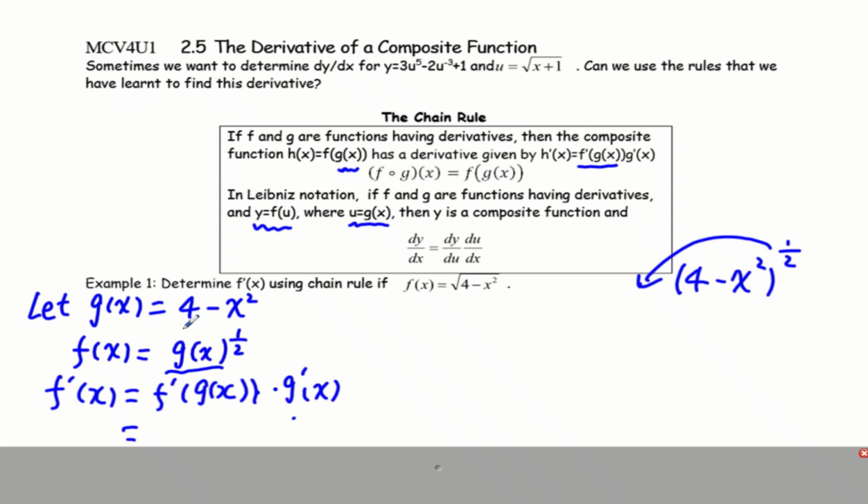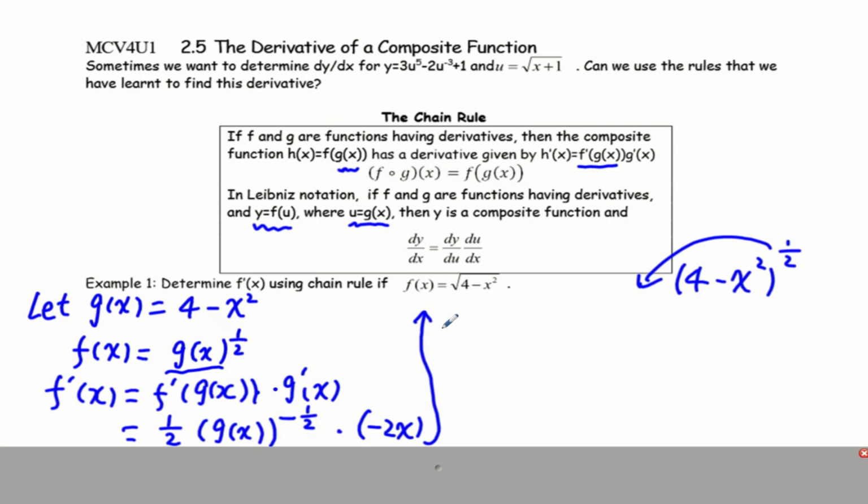So bring the exponent to the front, then the exponent minus 1, which gives us negative 1 over 2. Then we take the derivative of g of x: the constant's derivative is 0, and negative x squared gives us negative 2x. Then we substitute g of x, 4 minus x squared.